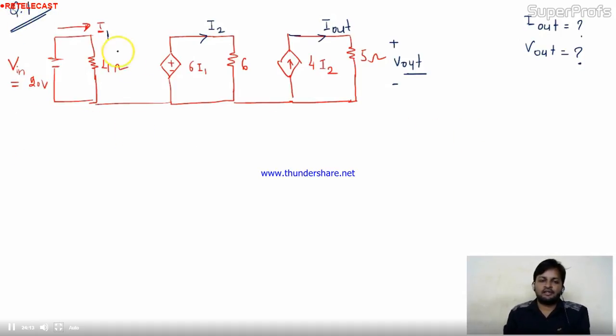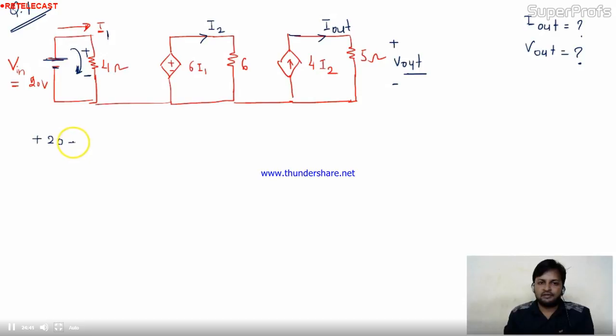Can I apply KVL here? I know the current I1, so I'll start from this point. I'm ending at the positive terminal, so this is plus 20. Moving forward, the voltage drop is like this, because this is the current direction and this is my direction for the mesh.